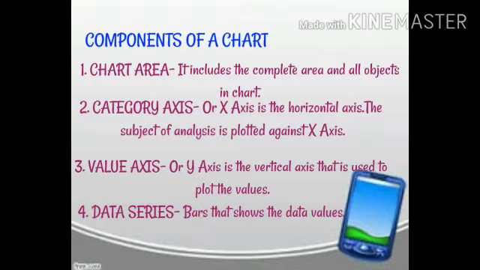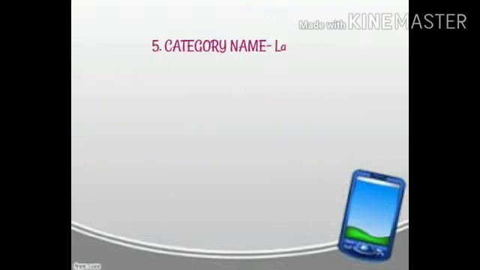Then the data series: it's the bar, or the slices or other elements that show the data value. Then category names: they are the labels displayed on the x and y axis. Then plot area: it is a window within the chart area that contains the actual chart itself and includes the plotted data series, the value axis and category axis.